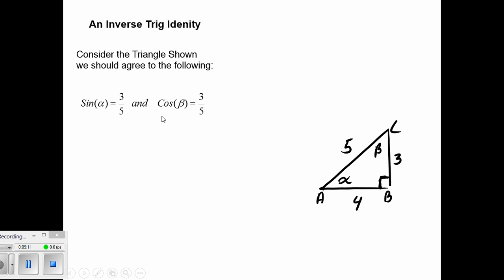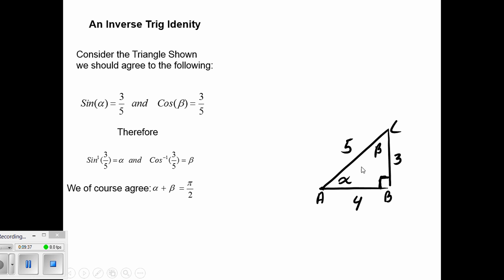Cosine of alpha is 3 over 5, and the cosine of beta is 3 over 5, okay? Then therefore, we can conclude that alpha is the inverse sine of 3/5 and beta is the inverse cosine of 3/5, okay?